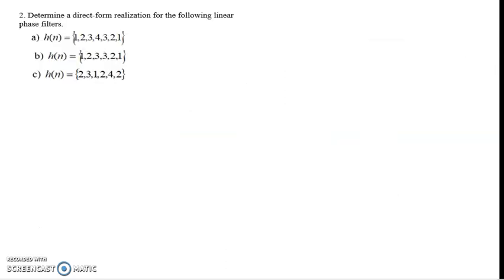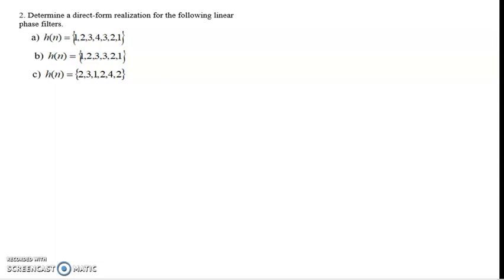Let's see what's in question 2. In question 2, you are asked to determine the direct form realization for the following linear phase filters. This question is completely different from the previous one. Here you are given three different sets of impulse response h of n that represent three different linear phase filters.